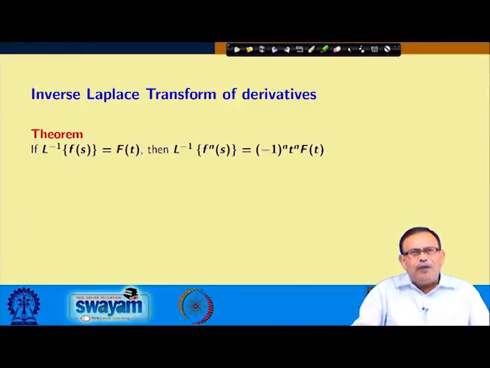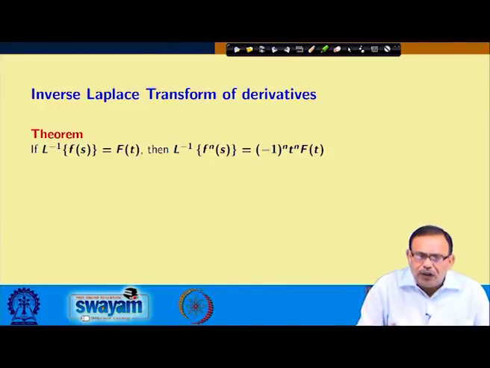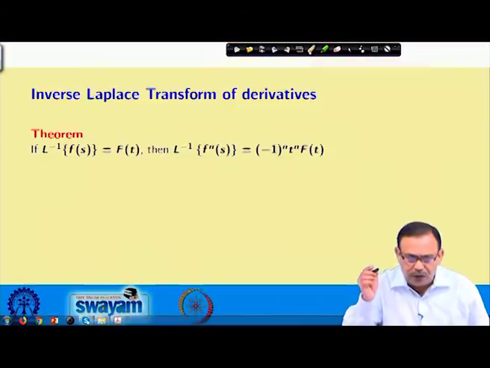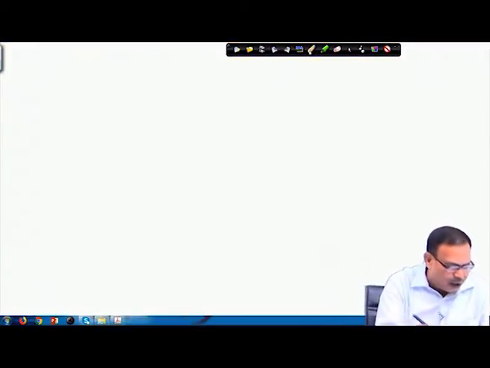That is, if Laplace inverse of F(s) equals f(t), then Laplace inverse of F^(n)(s), that is the nth derivative of the Laplace transform F(s), equals minus 1 to the power n t to the power n into f(t). So, let us see how it works over here.